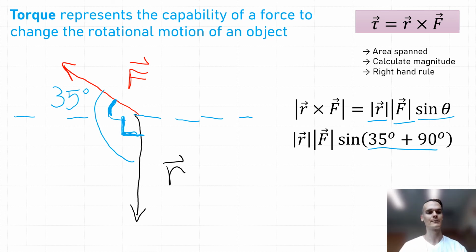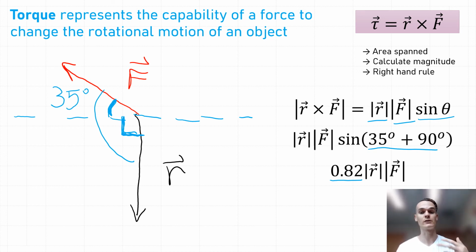I apologize. So if we simplify the sine of the smallest angle, we get 0.82. The magnitude of the position vector and the magnitude of the force vector are non-zero. They have real lengths. And this is the magnitude of the cross product calculated explicitly.